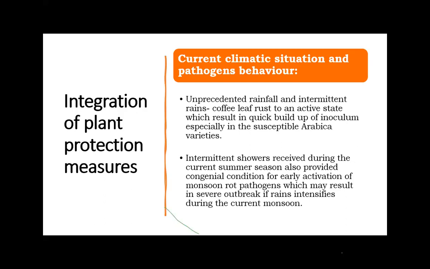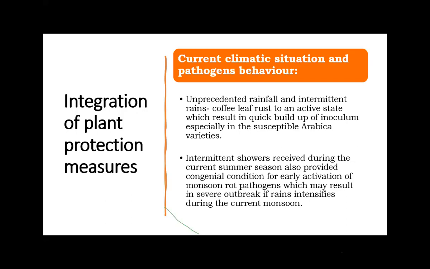So the planter has to decide, if in the post-monsoon season you did not take any plant protection measures in managing leaf rust, whether the disease is there or not, whether you need to opt for prophylactic or systemic fungicide. I strongly believe that now the pathogen is in an active state. So we recommend, if you notice coffee leaf rust in your estate, please spray any one of the recommended systemic fungicides to manage the disease.